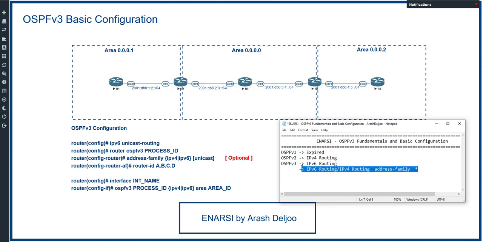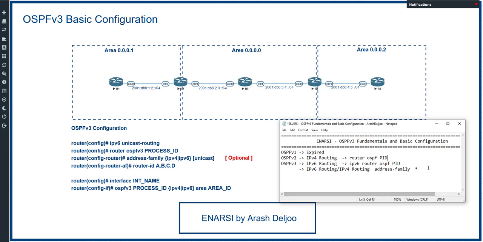I will talk about the details of OSPF version 3, but let me say that previously, when you wanted to configure OSPF version 3, the first generation, we should configure ipv6 router ospf process ID. And you know that for IPv4 OSPF, or OSPF version 2, we use router ospf PID.